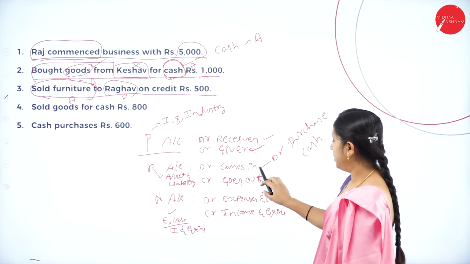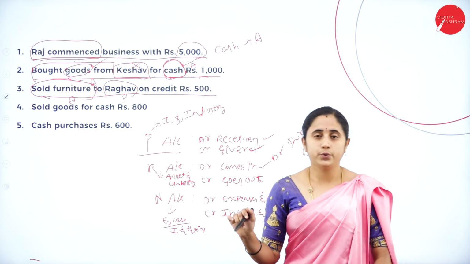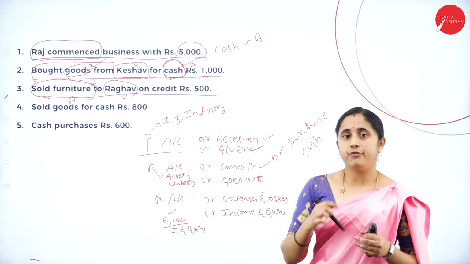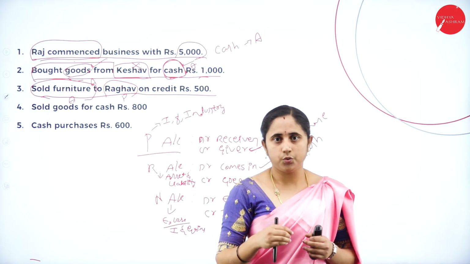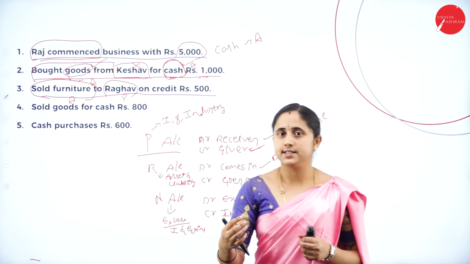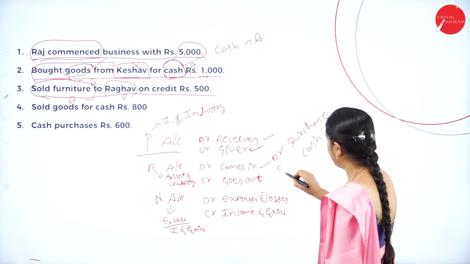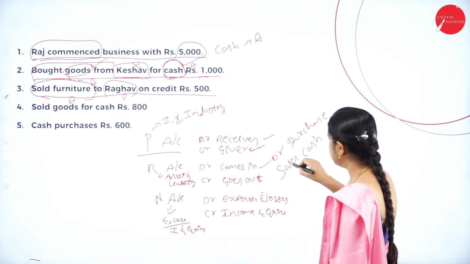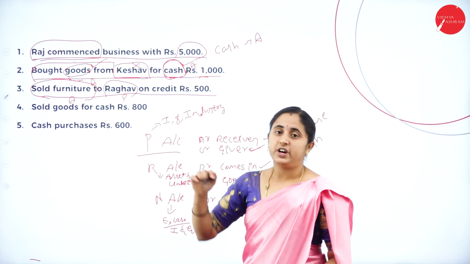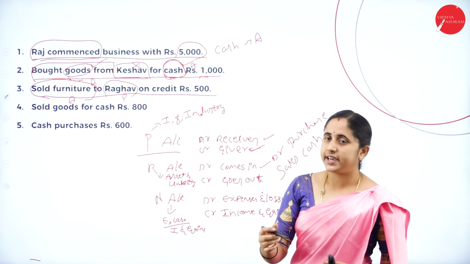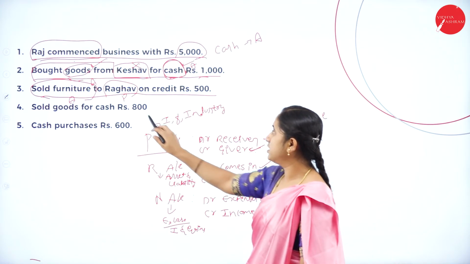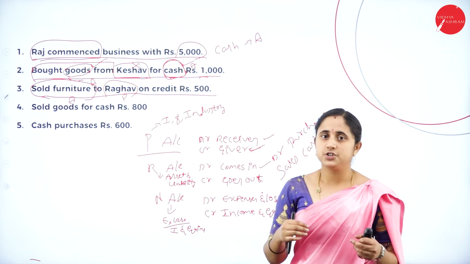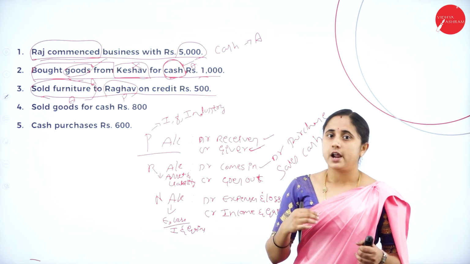So, real account. Debit what comes in, credit what goes out. For the business, furniture is going out in the form of sales. So you need to credit sales. Furniture is going out in the form of sales. Raghav is receiving the furniture, so you need to debit Raghav.